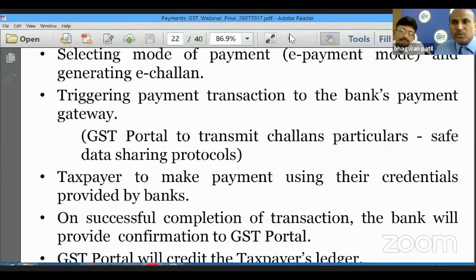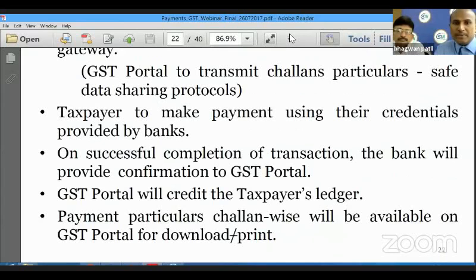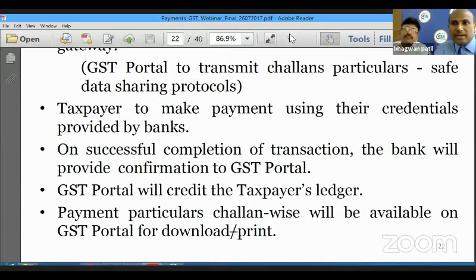And of course, whatever charges are to be paid for NEFT and RTGS, those are the normal bank charges paid by the taxpayer. Communication of details to RBI by the GST portal on a real-time basis will be there. The taxpayer prints the e-challan and NEFT RTGS mandate and approaches his bank for payment. Payment would be permitted only against a cheque, or by debiting the taxpayer's account.